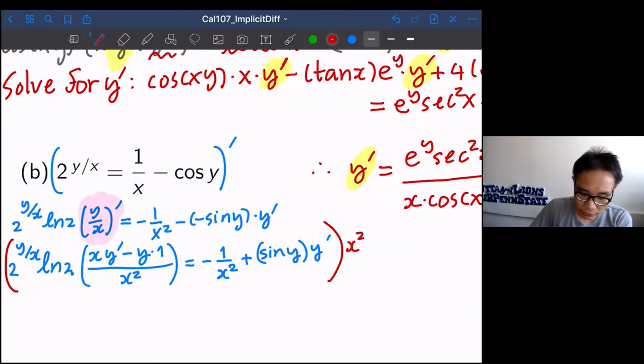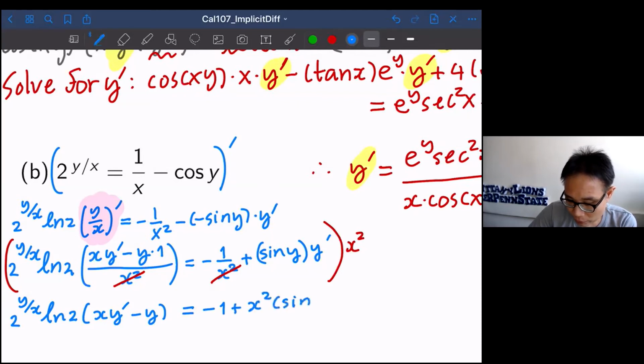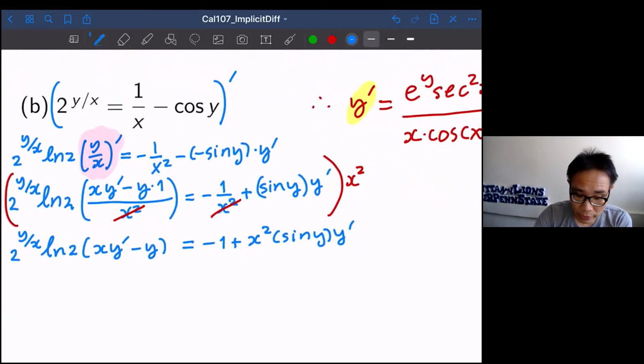So you multiply the whole thing by x squared, and you'll be able to get rid of x squared on both sides, and you're going to end up with 2^(y/x) log 2 times (x y prime minus y) equal to negative 1, and don't forget to multiply x squared to the last term, so it's going to be sine y y prime. And you see that you need to solve for y prime, right?